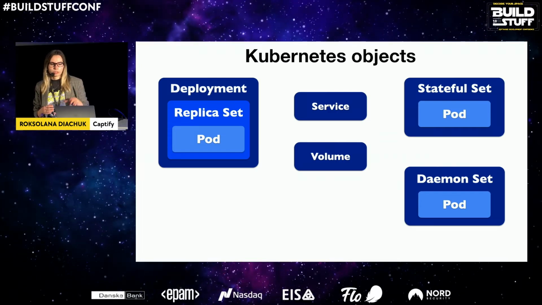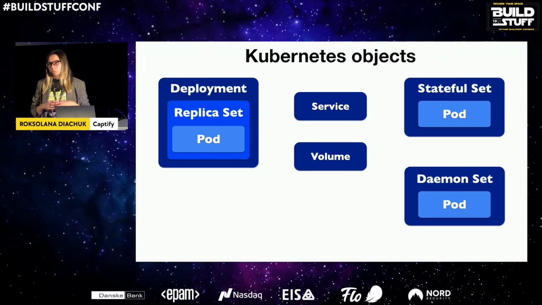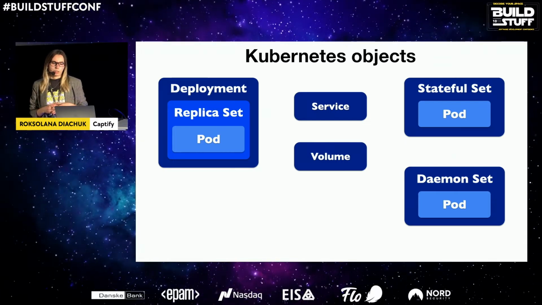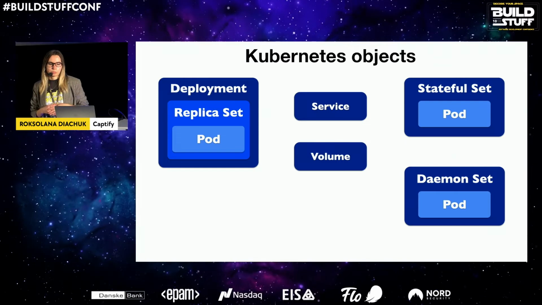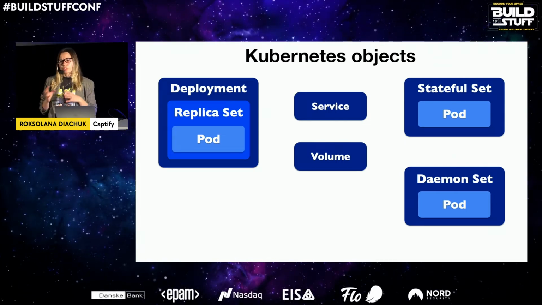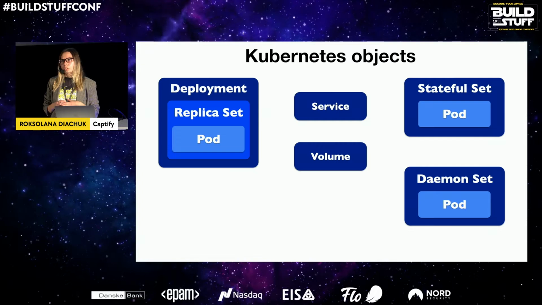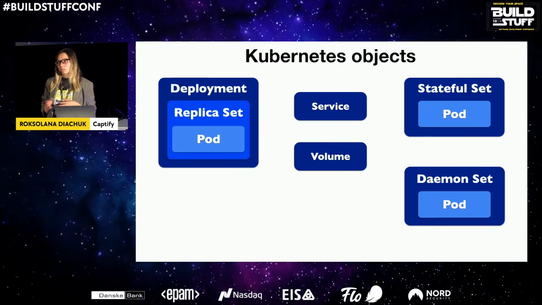Not the pod, not the replica set. Just because a deployment is easier to use and more extended already, and why would we use specifically the pod if we can use something more complex. Also, there are two kind of similar objects, but they work for very specific use cases, like stateful set and daemon set.